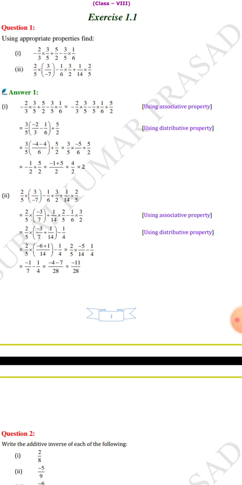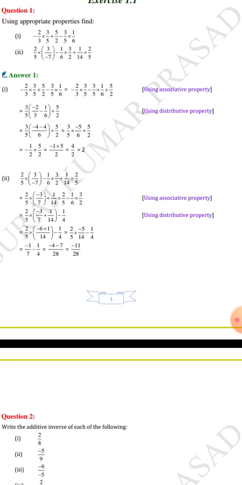We have to take the LCM of 7 and 4, which is 28. Then (-4 - 7)/28, which is -11/28. And the answer is -11/28.